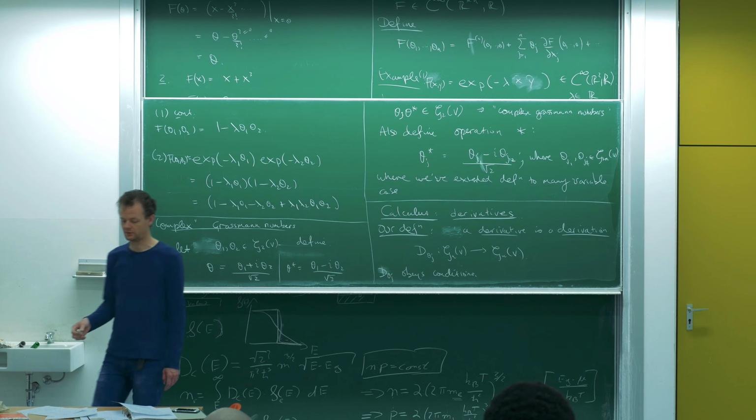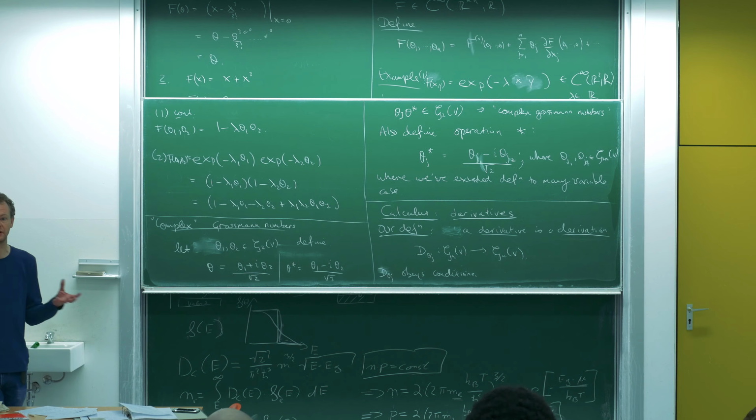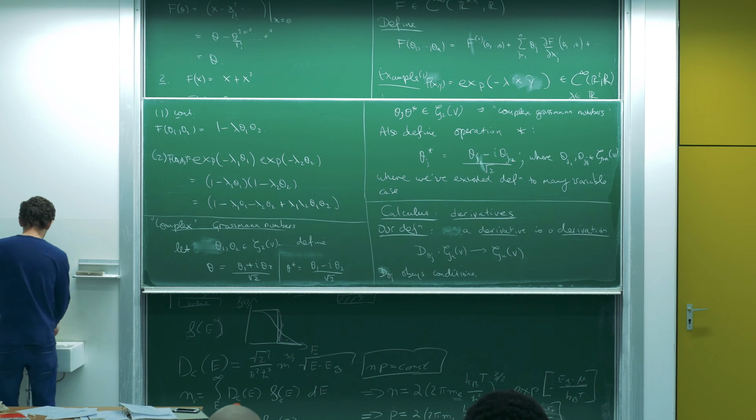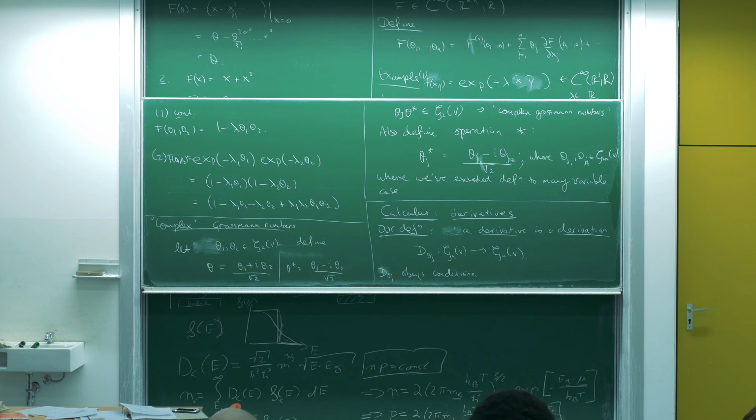So what the derivative should be, it should be something that takes a Grassman variable, a Grassman number, and hands you back maybe a different Grassman number or Grassman variable. So it has to be a map between this space. But this map can't be just any map. We're going to have to give it some conditions that we'd like it to obey by analogy with the standard derivative.